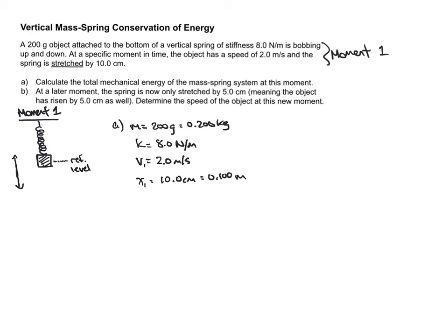If I choose that reference height, then my gravitational potential energy will be 0, due to the choice of the reference height. The other two I can just calculate and add together.